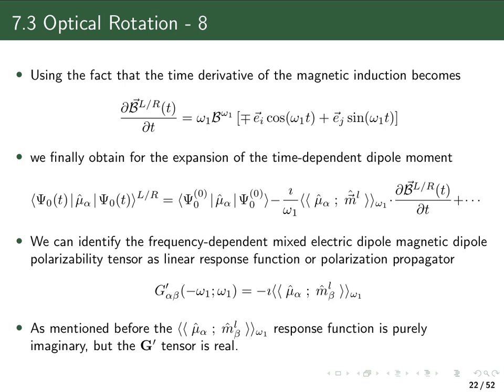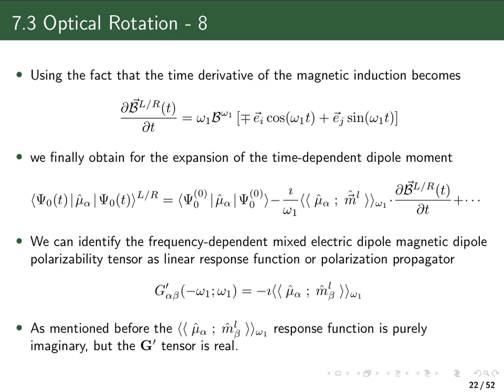And if we compare this with our expression for the refractive index in the presence of left or right circularly polarized light, then we can see that our frequency-dependent mixed electric dipole magnetic dipole polarizability tensor G prime is actually also again just one response function.